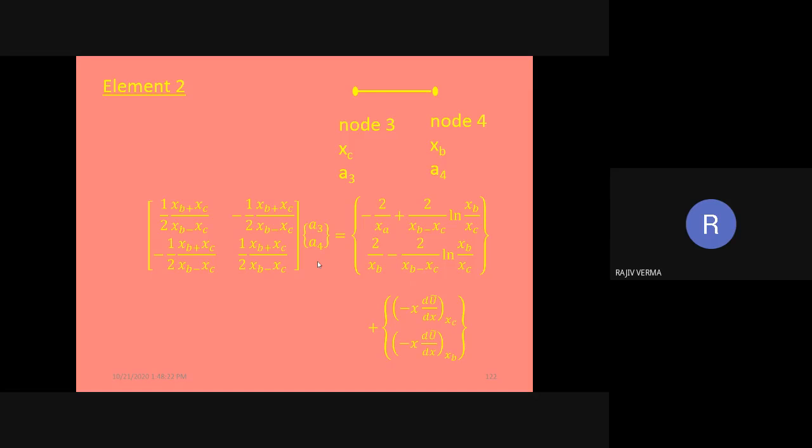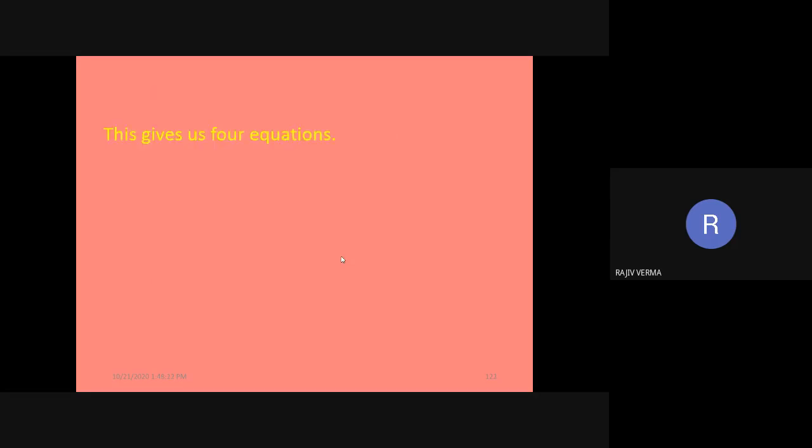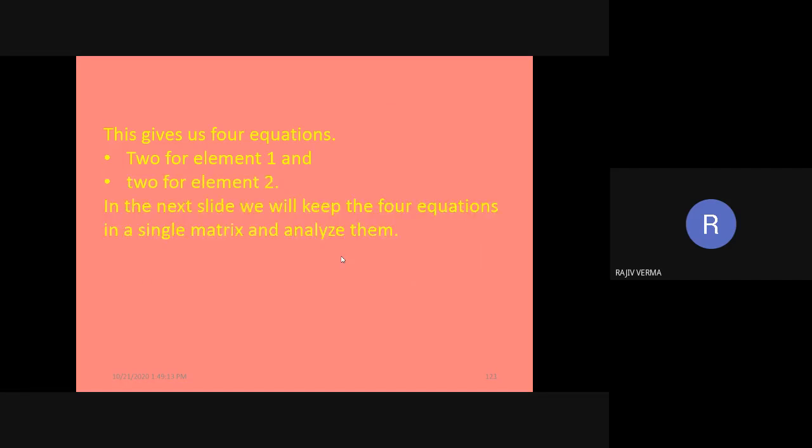Similarly, element number 2 gives us two equations in terms of two unknowns a3 and a4. And in the next slide, we are simply going to keep the four equations in a single matrix, and then we will analyze the four equations.